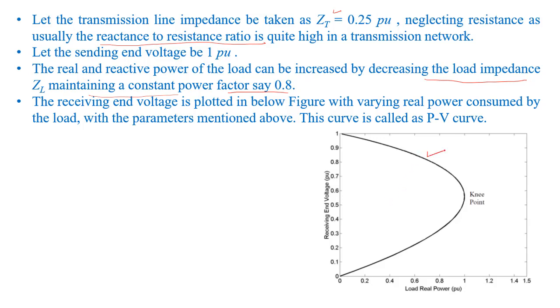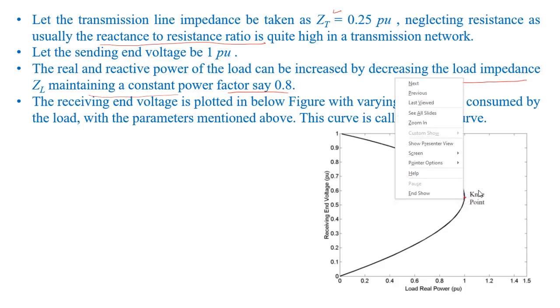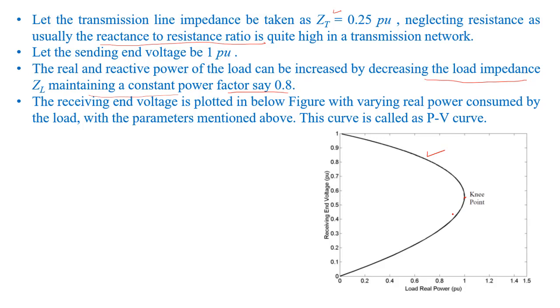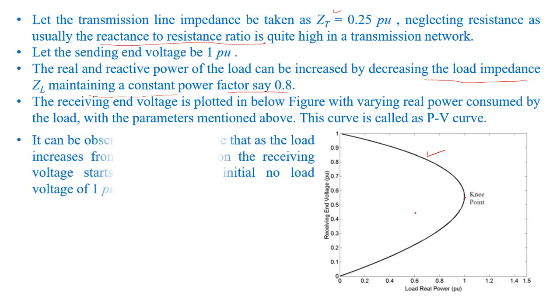So this curve is known as the PV curve. This is your knee point, where the power in fact decreases as we further decrease the load impedance.